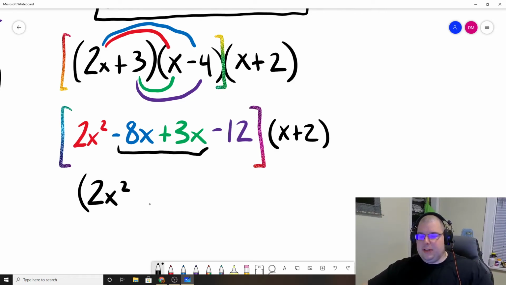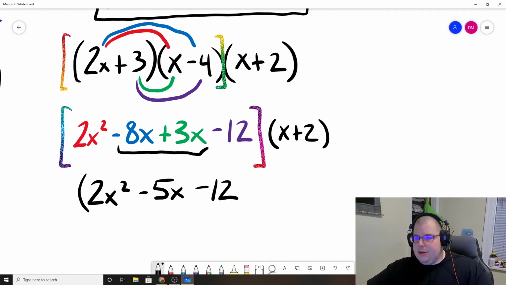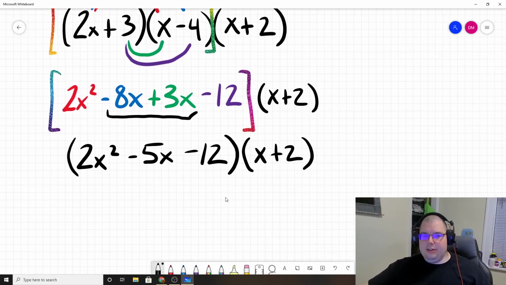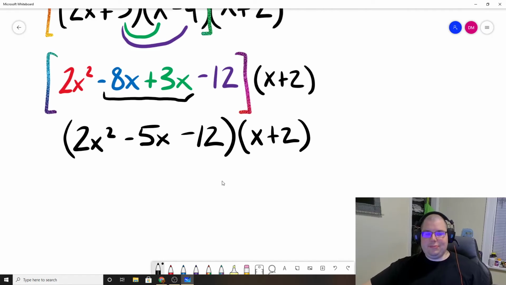Negative 8x plus 3x is a negative 5x. If I owe you $8 but give you 3 at some point, I still owe you $5. And then the negative 12 hangs on because we haven't done anything with it. And the x plus 2 binomial hangs out on the very end at the back.